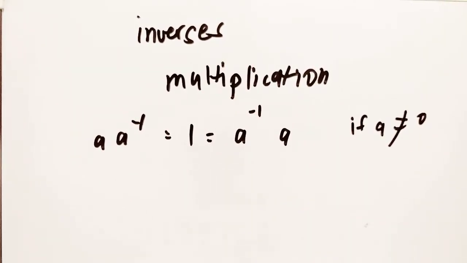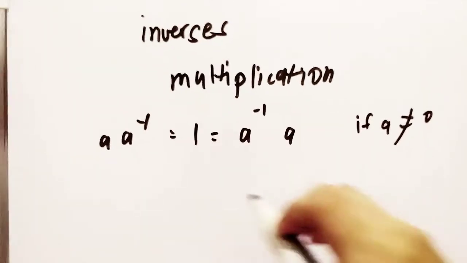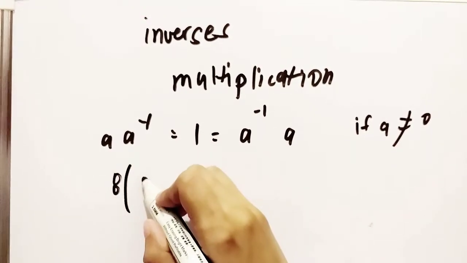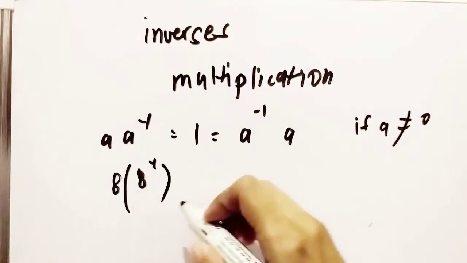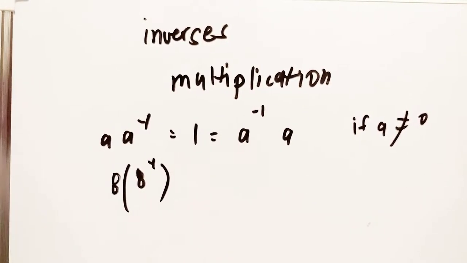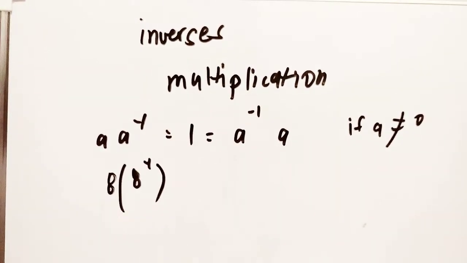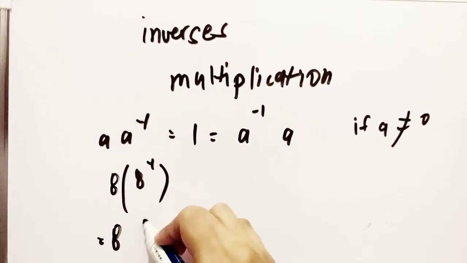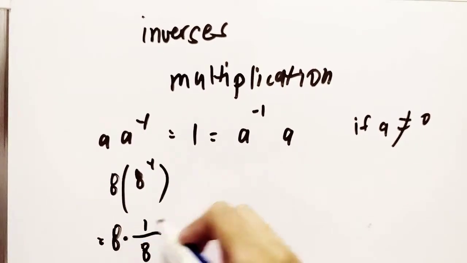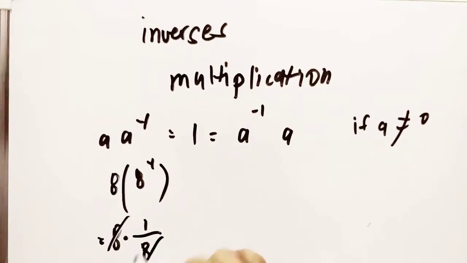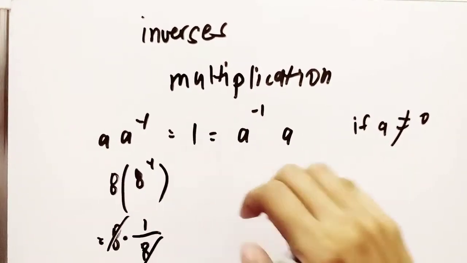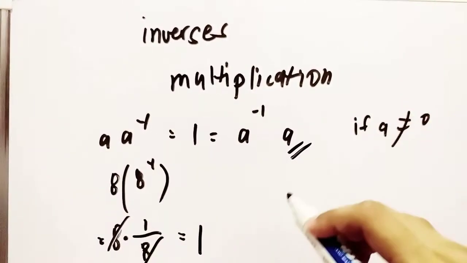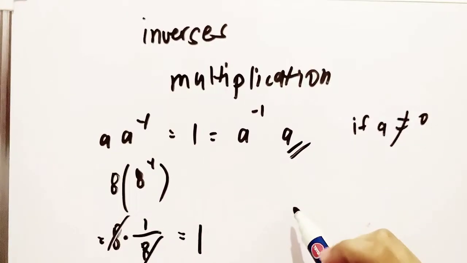For the multiplication, we have this form. Like for example, we have 8 times 8 to the negative 1. If we raise a number to negative 1, we will have the reciprocal value of it. So this is also equivalent to 1 over 8. And this will be cancelled out and 1 will remain. So this is equal to 1. If we try this out the other way, we will also get the value of 1.